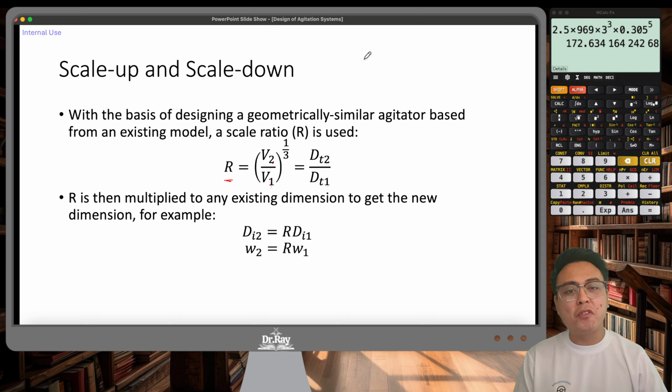The reason for this simplification is that, remember, the volume of a cylindrical tank, assuming of course that our agitator is a cylindrical tank, would be the base area or cross-sectional area, pi over 4 tank diameter squared, multiplied by the height of the fluid, which is h.